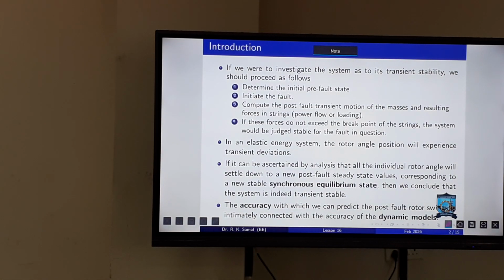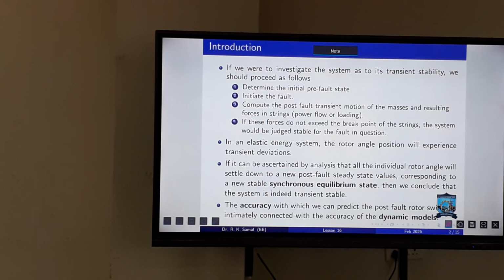For any system, first we need to estimate whether the system will be stable when faced with a fault or a large scale change. So any transient stability study is basically a power system study. Not exactly that you apply a fault and then study. It's not like that. You estimate by modeling the system.